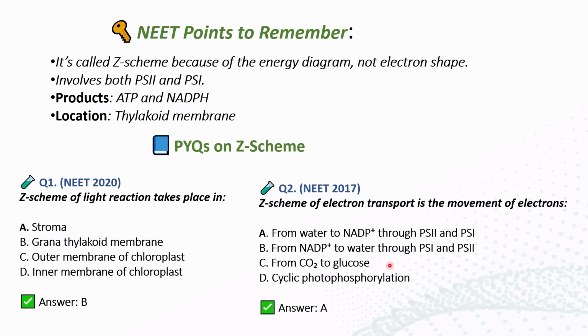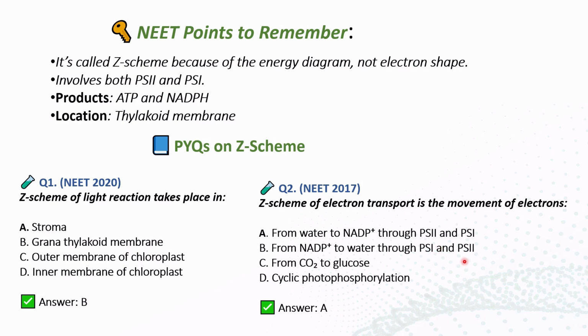Students, I want to tell you one point here. Whenever you go through the options of a question, you have to look at the options correctly. If you know the topic the question came from, you can simply neglect some options. For example, you know that normally the light reaction takes place from PS2 to PS1.